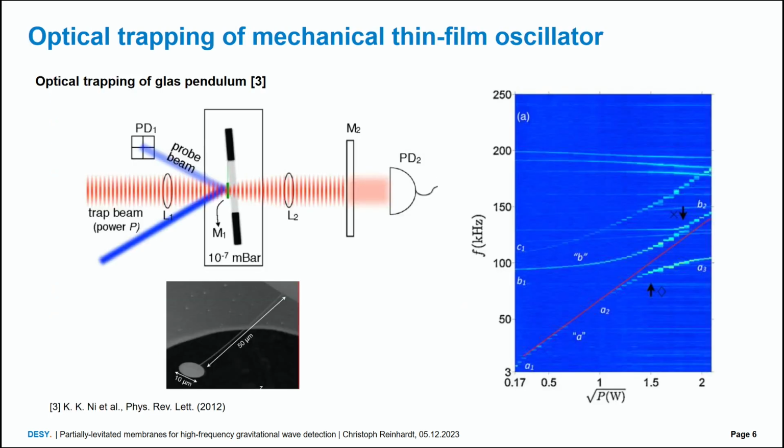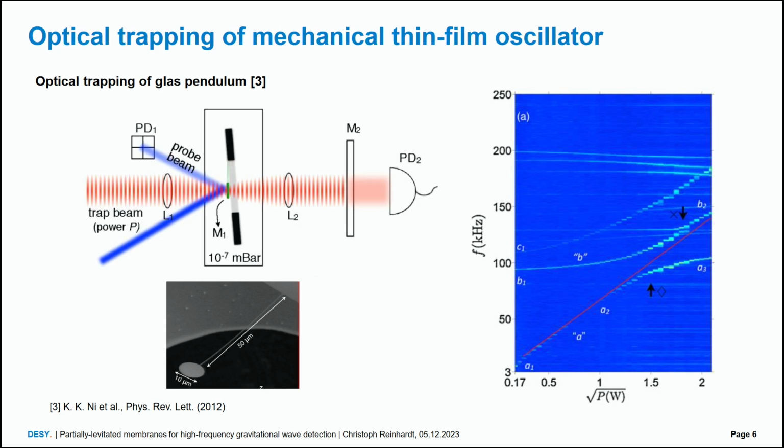So this was demonstrated about 10 years ago by Jeff Kimble's group at Caltech, where they did this with a little glass pendulum, a chip-scale glass pendulum, which they subjected to this standing wave optical trap. And then they measured the oscillation with another probe beam and a quadrant photodiode, to measure the displacement.